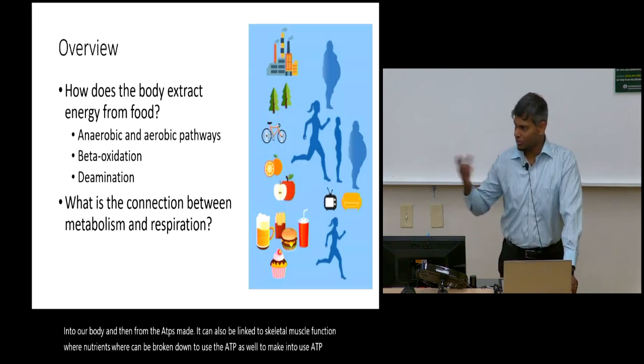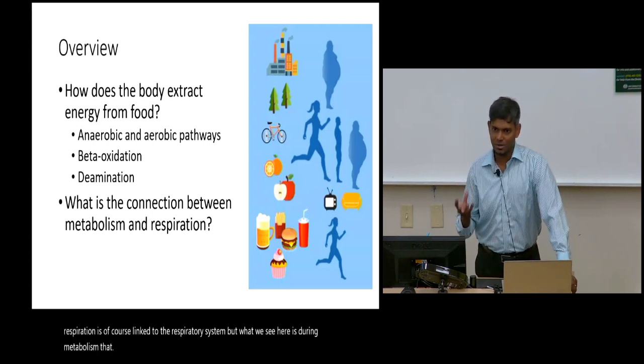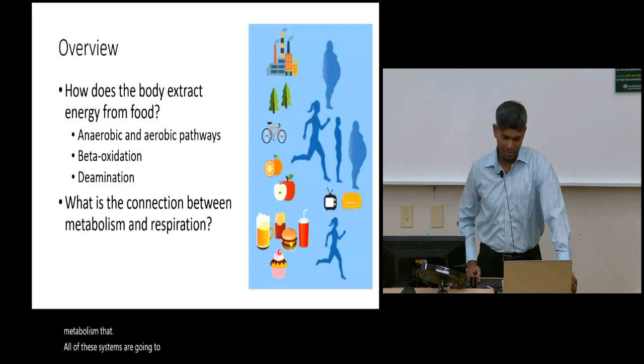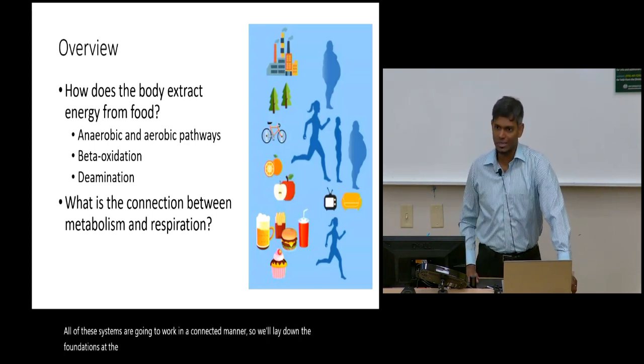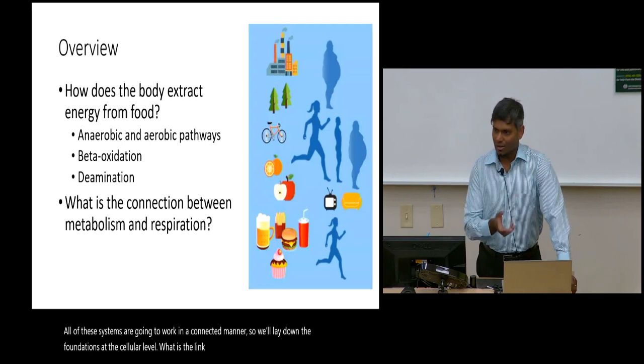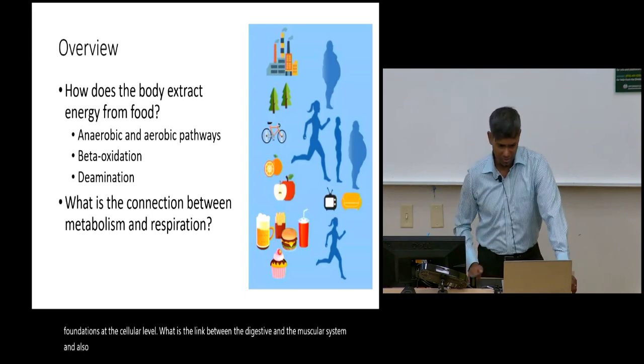And respiration is of course linked to the respiratory system, but what we see here is during metabolism that all of these systems are going to work in a connected manner. So we lay down the foundations at the cellular level. What is the link between the digestive and the muscular system, and also the respiratory system as well.